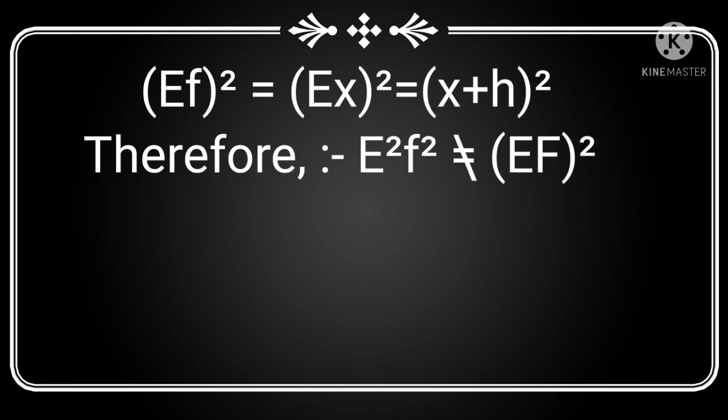And (E f) whole square of x is equal to (E x) whole square, which is equal to (x plus h) whole square. Therefore, E square f square is not equal to (E f) whole square.